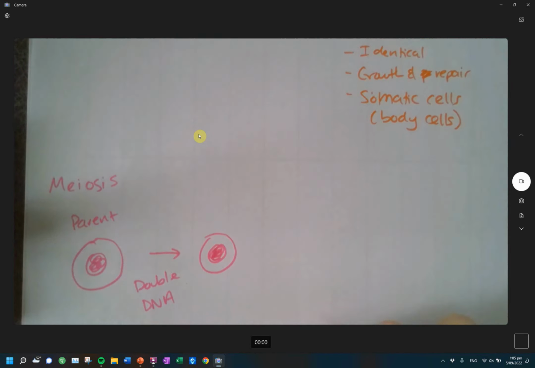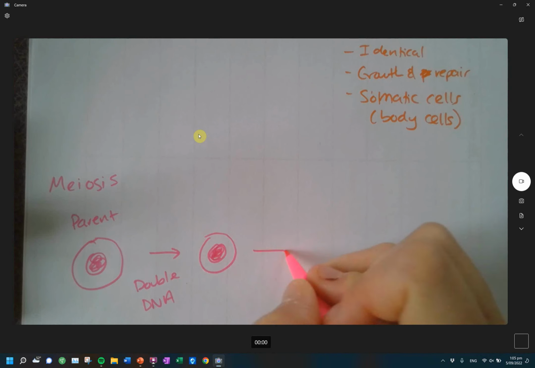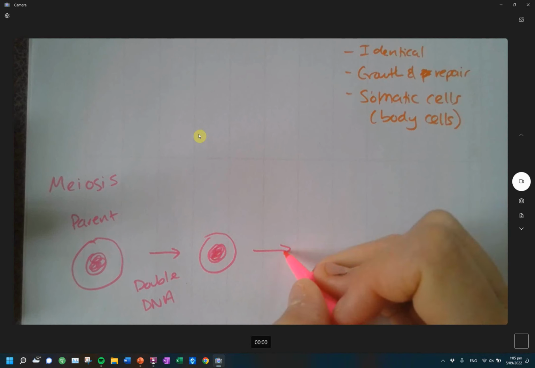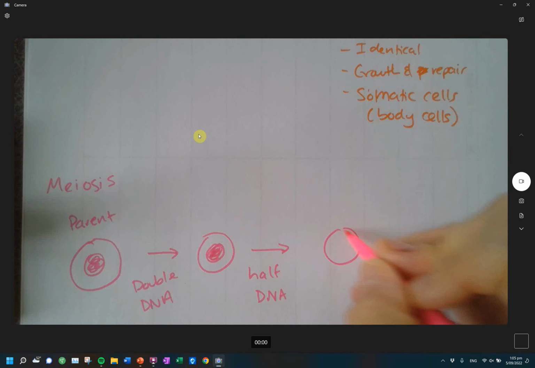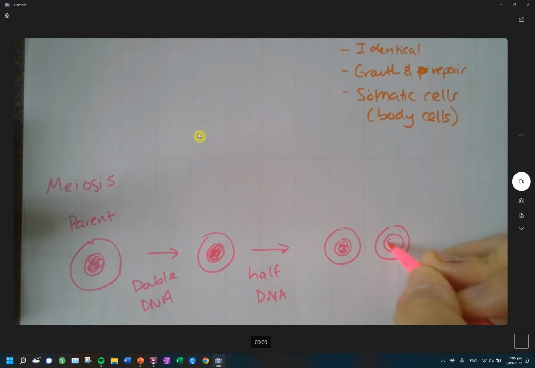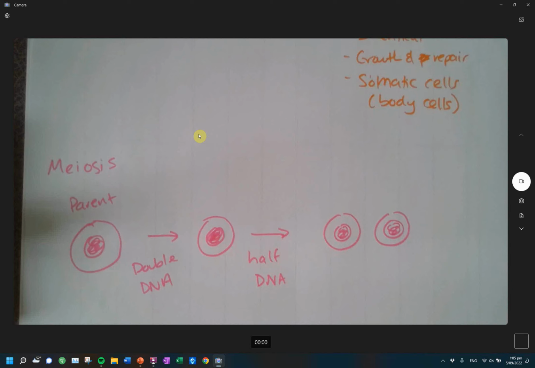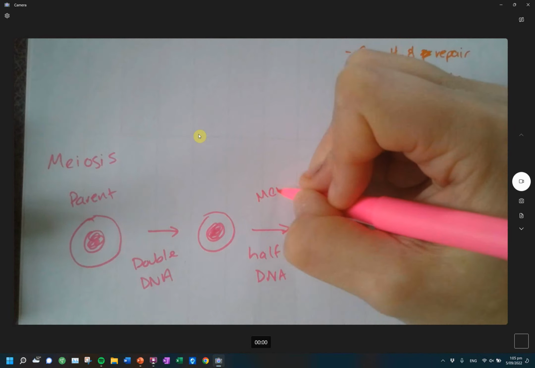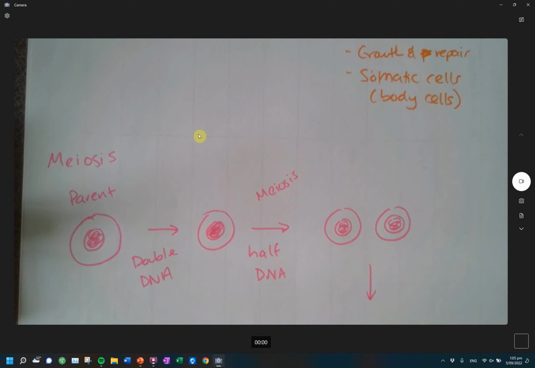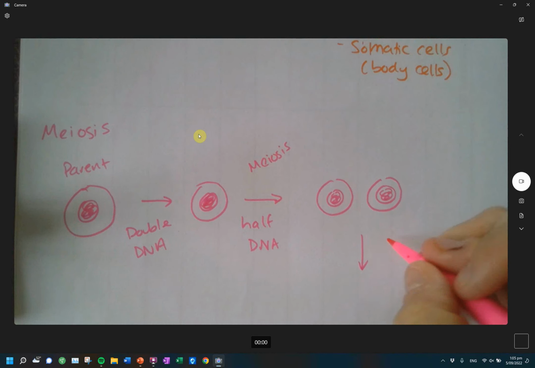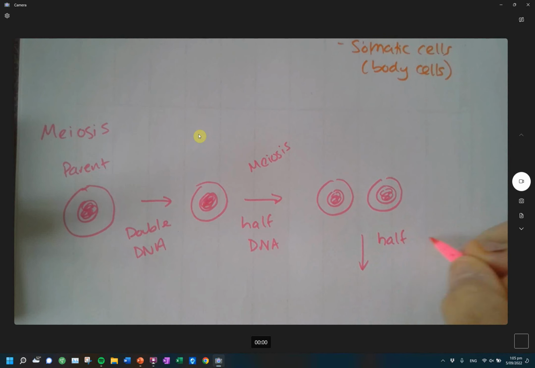These cells will split and it will halve the DNA. This is known as meiosis 1, that first division. The other thing that's different is that these will split again, so we halve the DNA twice.